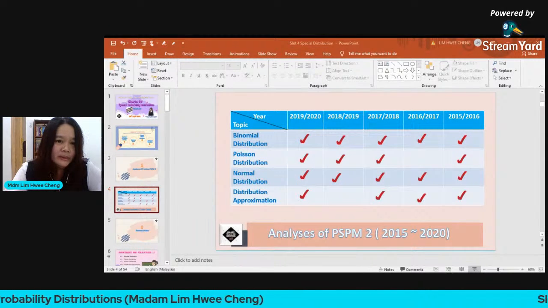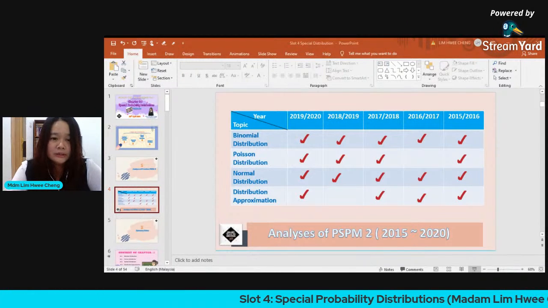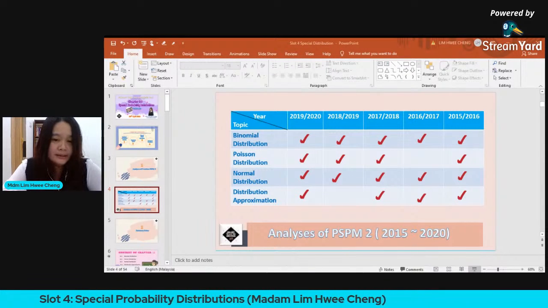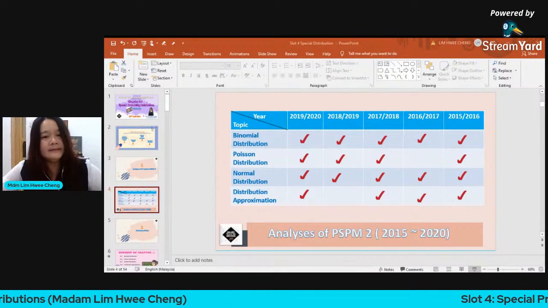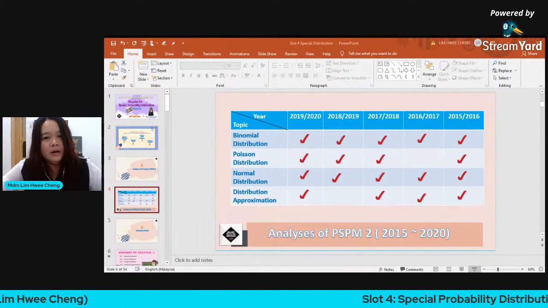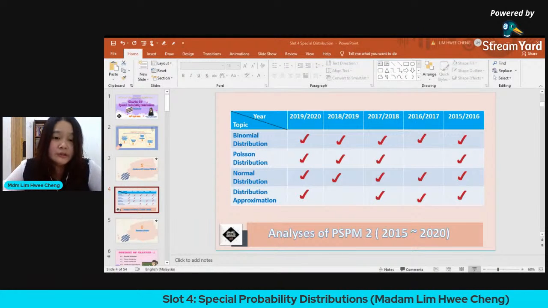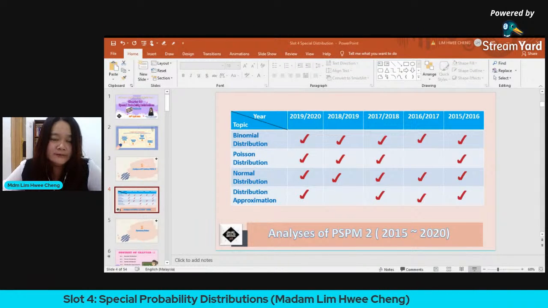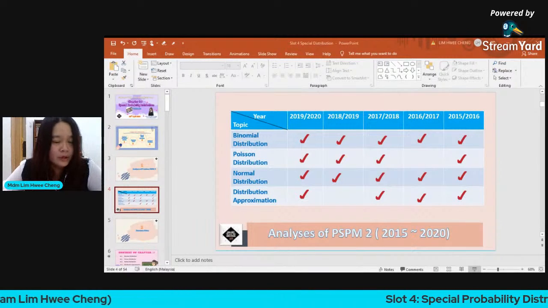One is the binomial distribution, the second is the Poisson distribution, the third is the normal distribution, and finally the distribution approximations. We can see from the analysis that all of these parts were asked during the exam. Just now I mentioned that, according to the justification tables, almost 25% of your PSPM questions were based on this Chapter 10.